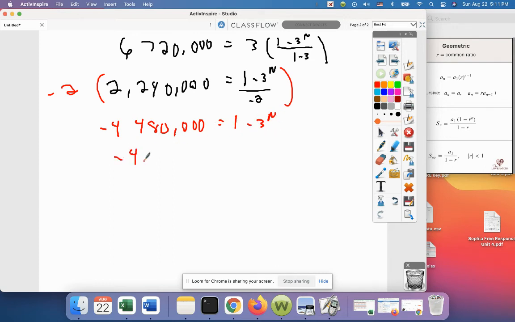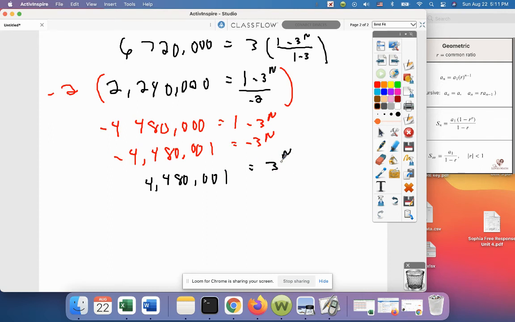That's easy. -4,480,001 equals -3 to the n. Almost there. Divide by -1 because I'm going to get the 3 to the n by itself so I can use my logs. So now you have 4,480,001 equals 3 to the n.